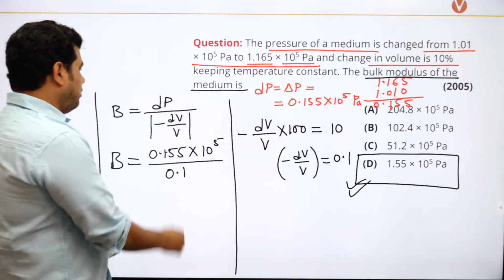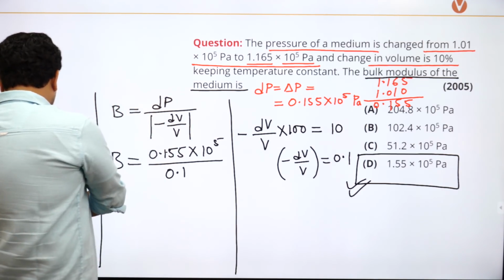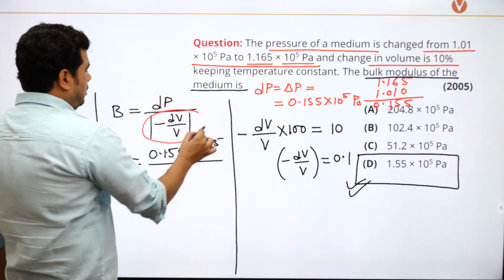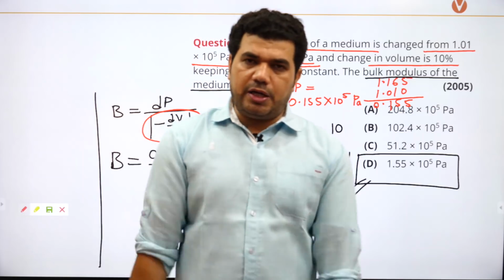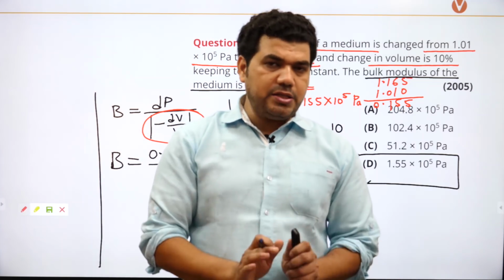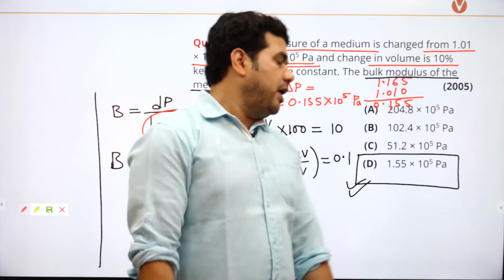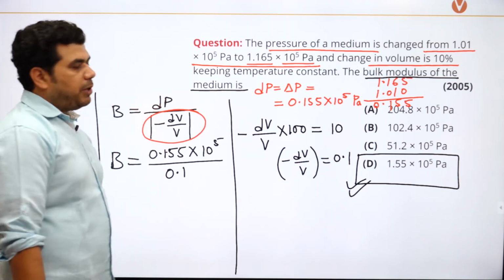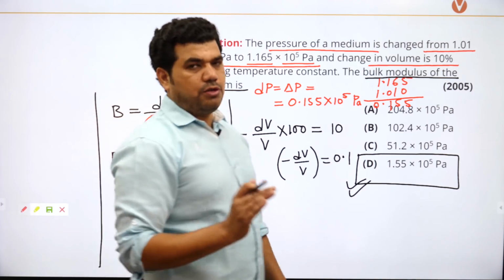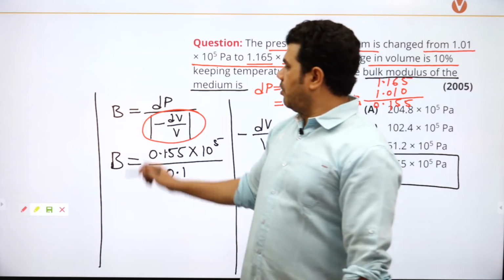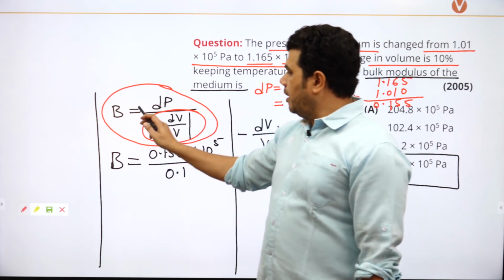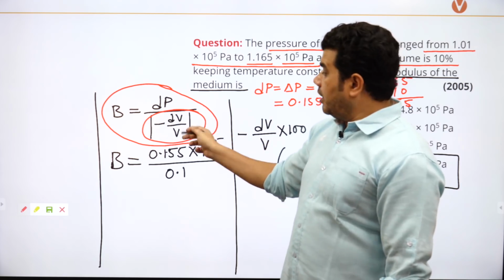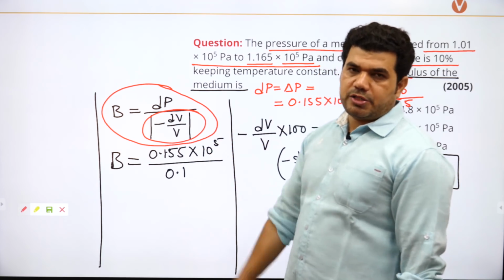Unit is Pascal because this one is unitless, volume upon volume, ratio of the same quantity. That's why it is unitless. And if it is unitless, then it has no unit and the unit of B is same as P. Got it? Another very easy question, bulk modulus पे question आ सकता है. Bulk modulus क्या है? आप ये formula देखें, B is equal to change in pressure divided by volumetric strain.